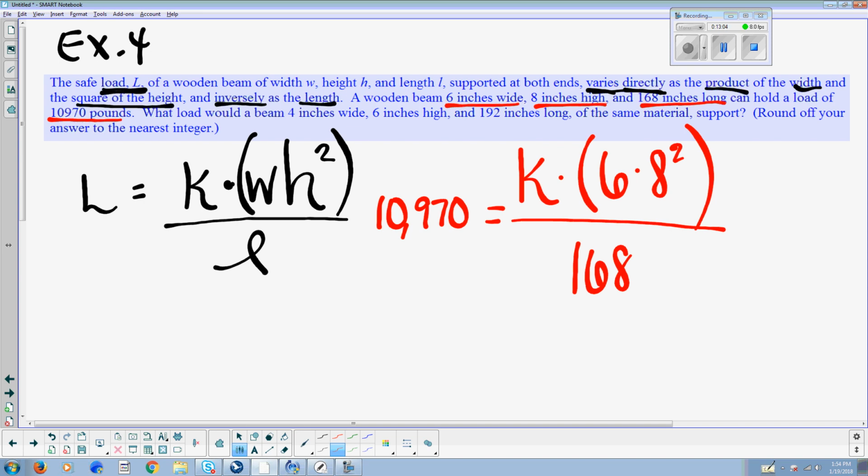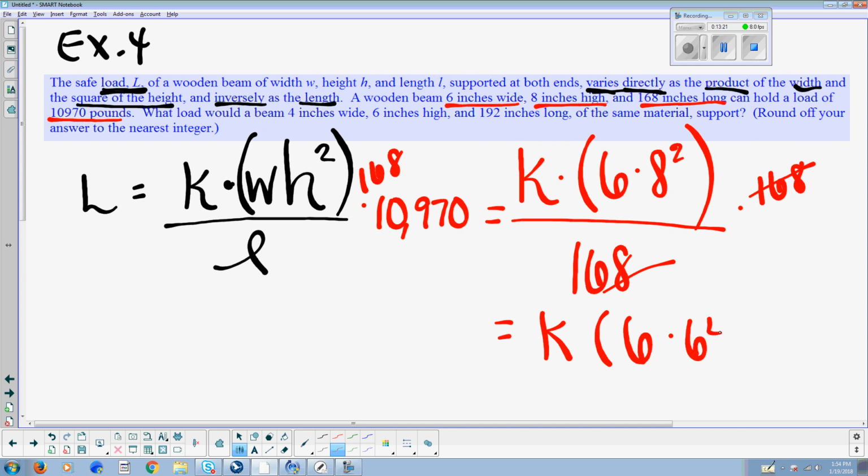So I'm going to begin by multiplying both sides by 168. That cancels on the right side, leaving me with k times 6 times 8 squared, that is 64.